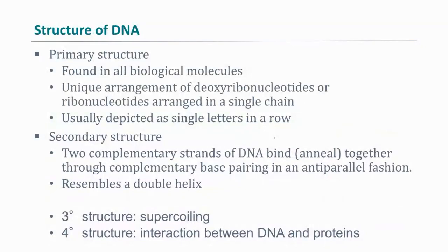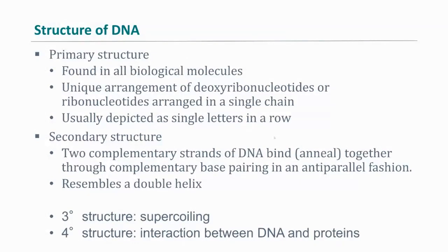So the structure of DNA, primary structure, basically is a DNA sequence, right? And that can be found in all biological molecules. They have the unique arrangement of deoxyribonucleotides or ribonucleotides arranged in a single chain, usually depicted as single letters in a row, like A, G, C, T. And then the secondary structure, that's two complementary strands of DNA, the double helix DNA.